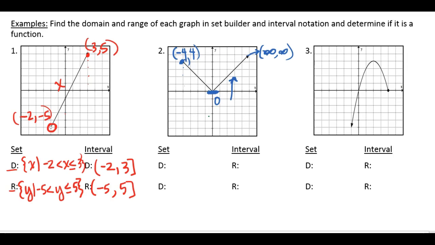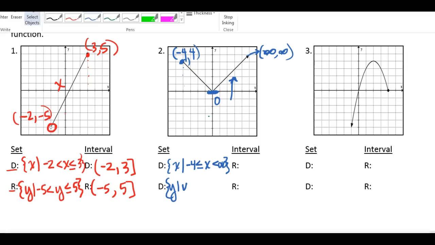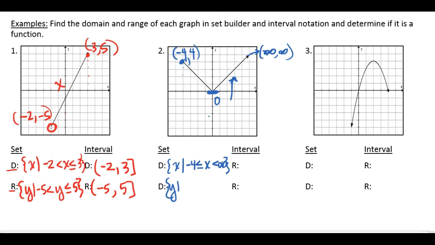It goes from -4 all the way to +infinity without any breaks, okay? So we would say x such that -4 is less than or equal to x, which is less than infinity. Now, with range, you switch to a y, and you would consider the lowest y value here, read from bottom to top.